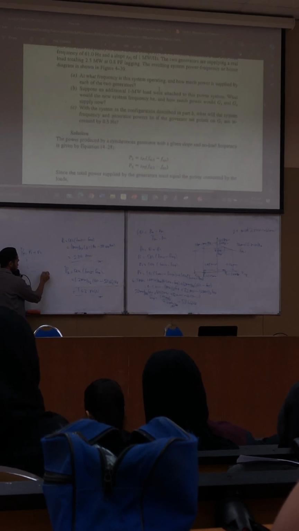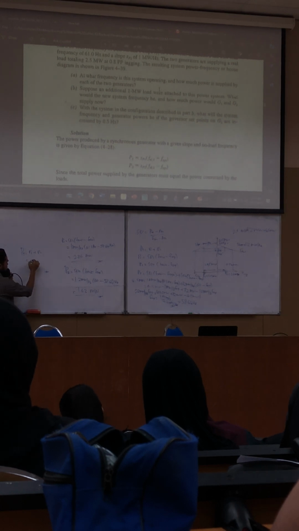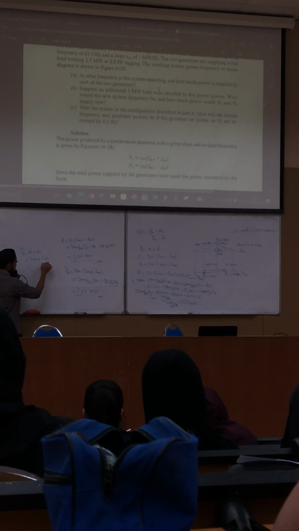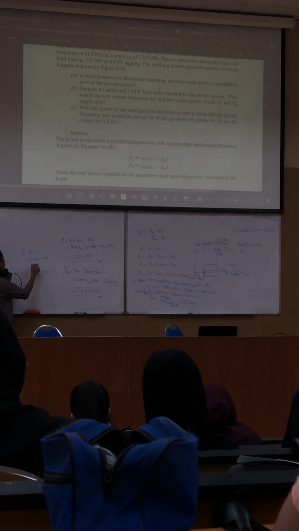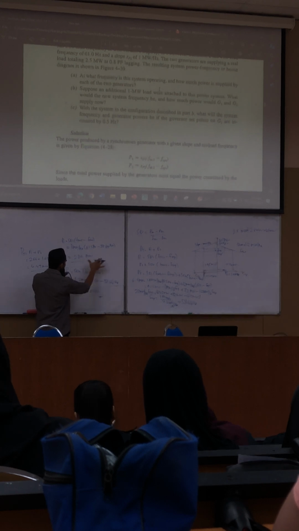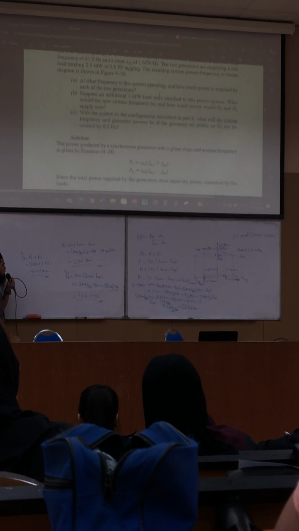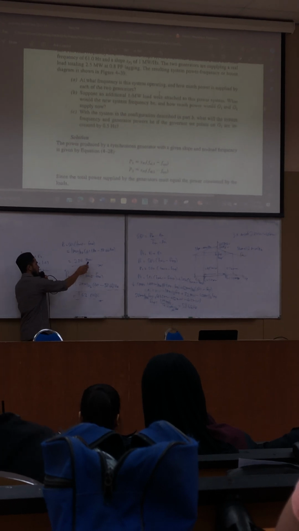Does it comply with your initial value? 2.86 plus 1.63 is 4.49 megawatt. Okay.